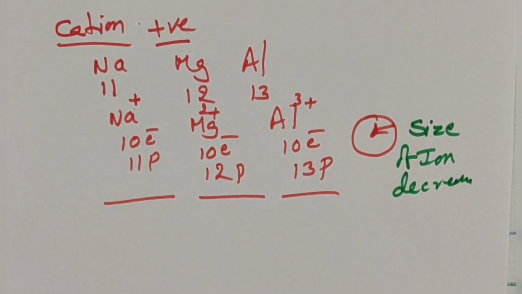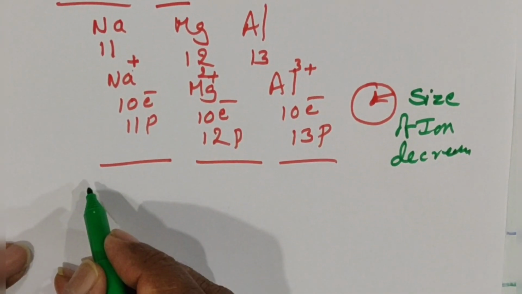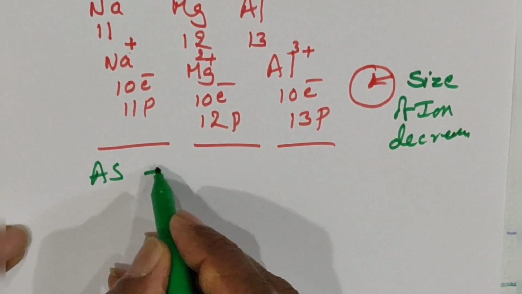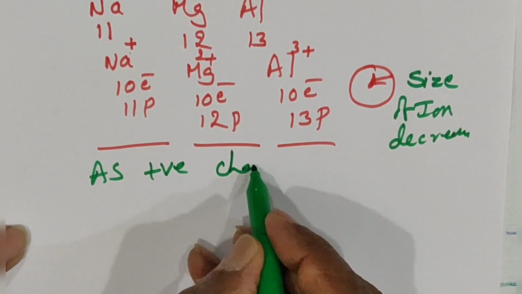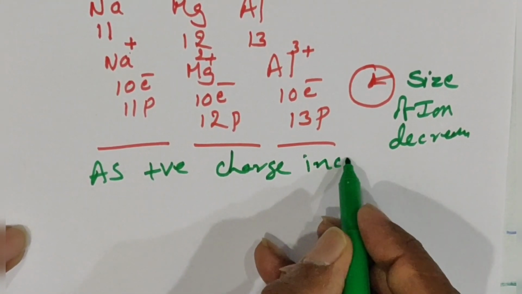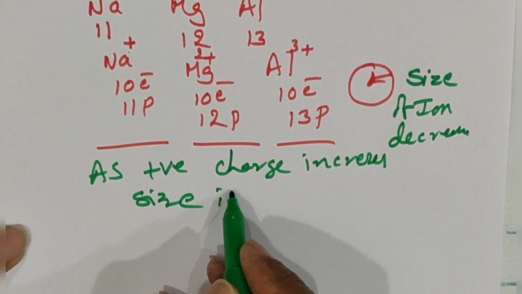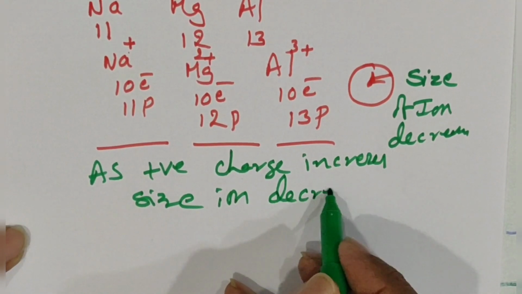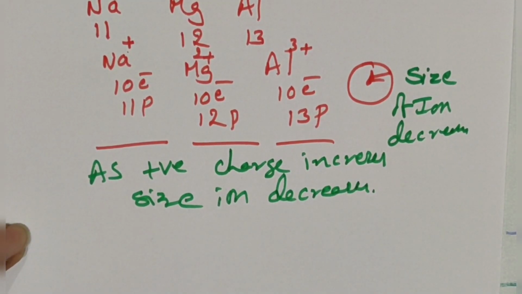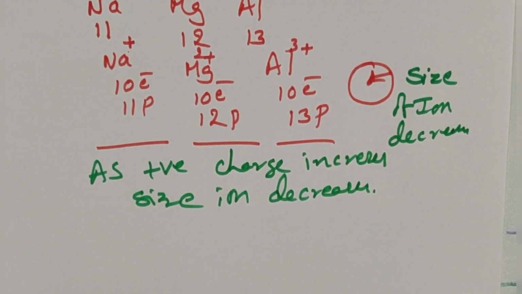That's why as the positive charge increases, the size of the ion decreases, right? If it has more positive charge, it is smaller in size.